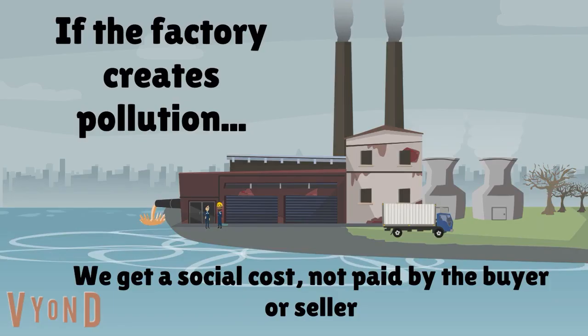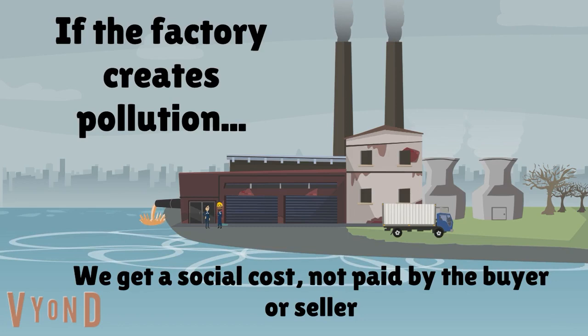So let's suppose, though, that while we're making that product, that beef or that canned food or whatever, the factory that we made it in is polluting the air, dumping stuff into the water. We have created a social cost. Somebody's going to have to pay for that pollution. Somebody's going to pay because the air's polluted, either because they have to clean up the river or because the fish die or something bad happens.